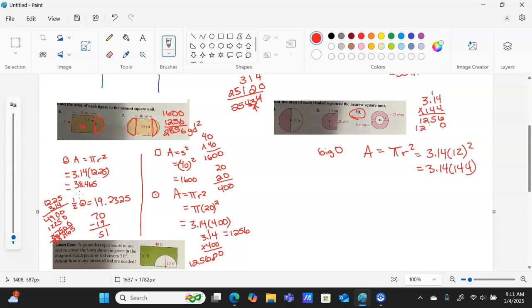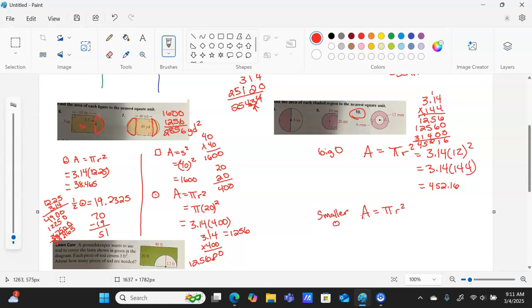Placeholder 0, the same number because I'm multiplying by 4 again. 2 placeholder zeros, then a 4, a 1, and a 3. 6, 11, carry the 1. 12, carry the 1. 5, 4. So I get 452.16.